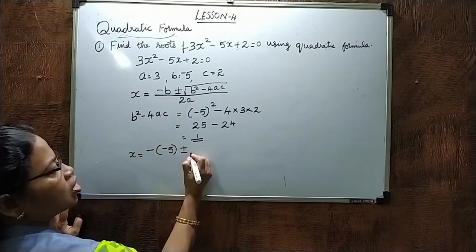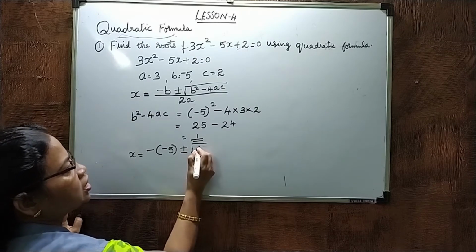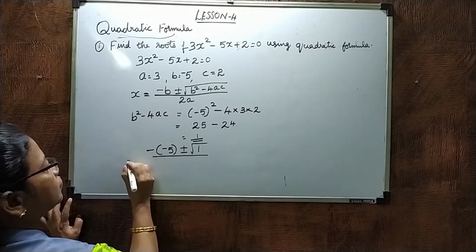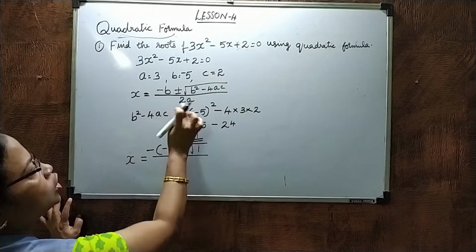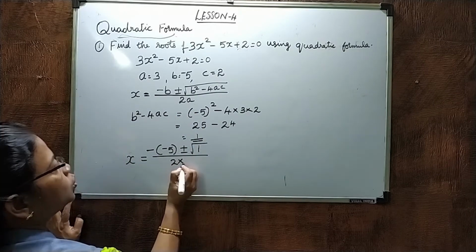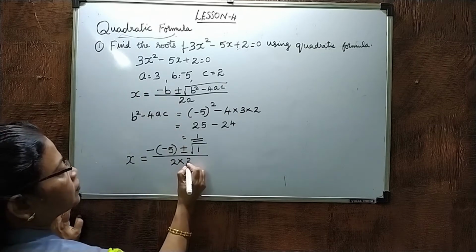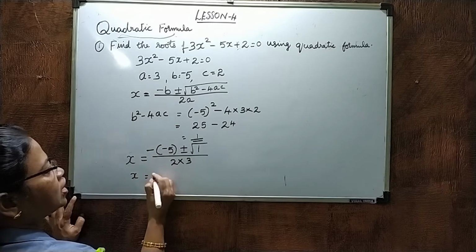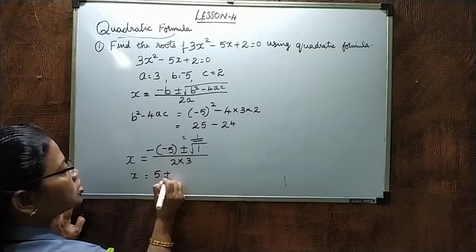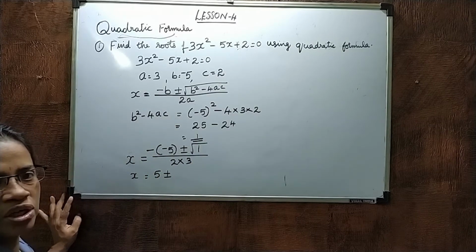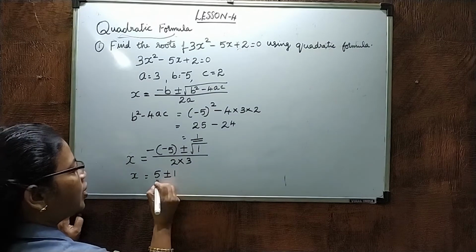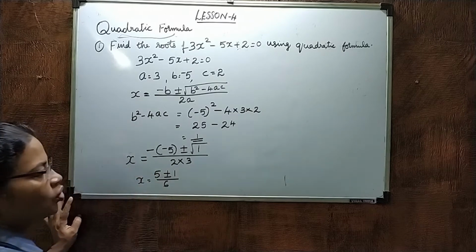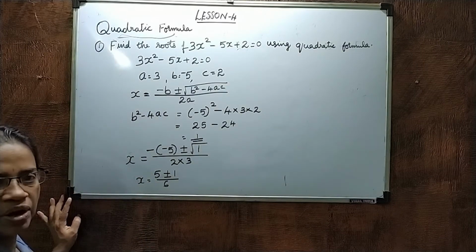B square minus 4ac we already found out, root is root 1, the whole divided by 2a. 2 into a is what? 3. Right. So x equals negative into negative positive 5 plus or minus root 1 is what? 1 itself, divided by 6. So x is equal to 5 plus or minus 1 divided by 6.